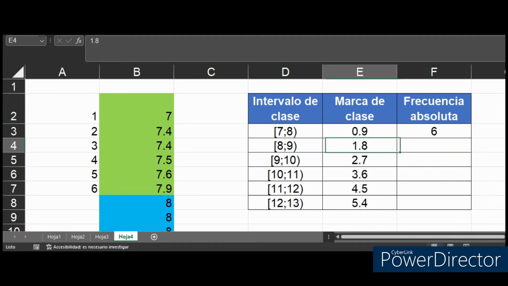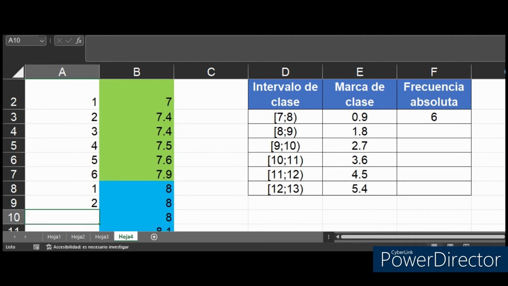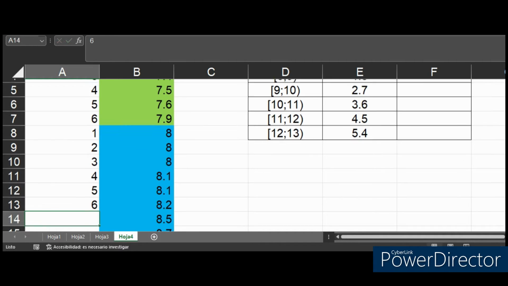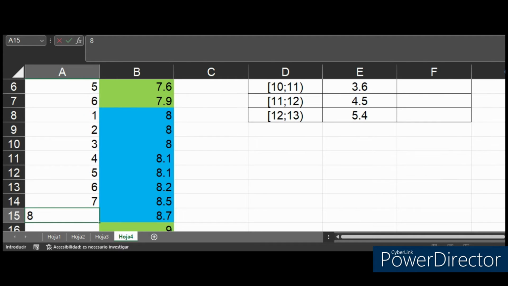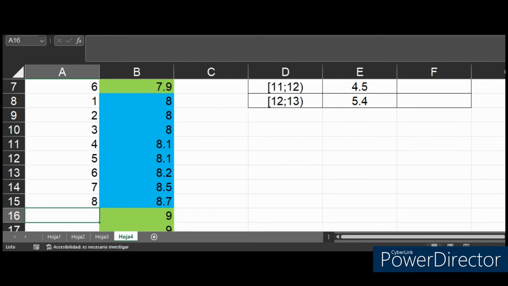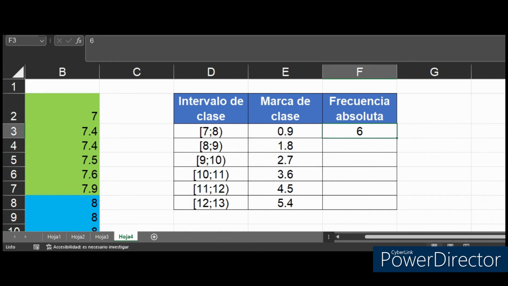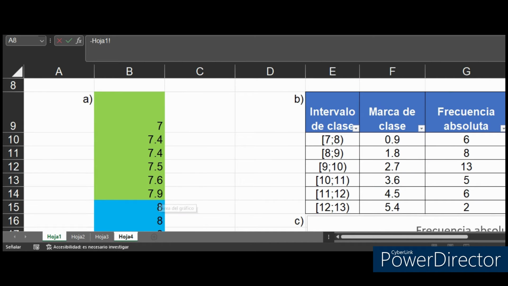We count 7, 7.4, 7.4, 7.5, 7.6, 7.9. 9 is not counted because it has parentheses in the interval of 7, 9. There are 6 numbers, so we represent the samples with a third interval.